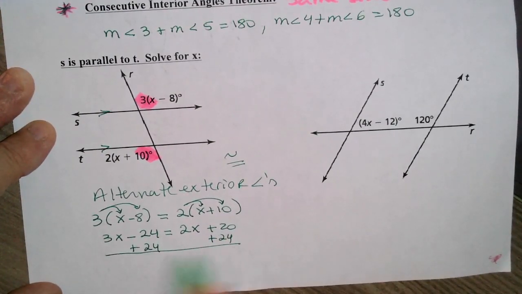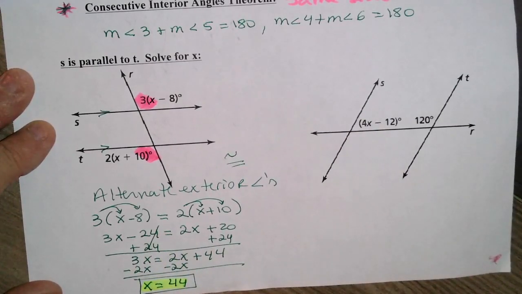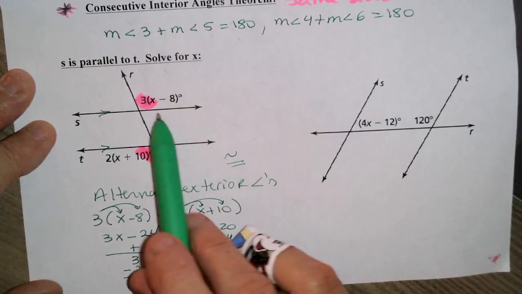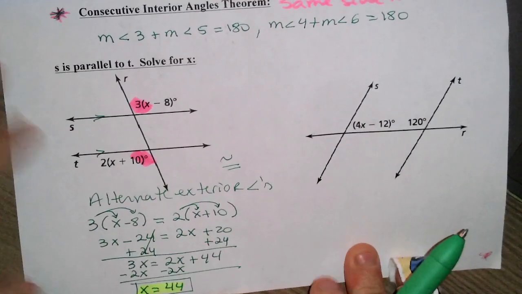Remember, there's different ways to approach it. 3x equals 2x plus 18. Now I subtract 2x from both sides, and I get x equals 18. Notice that the question is only asking for x, so I don't have to plug it in to find the angle. But if I were trying to find the angle, I would just plug in the value for x and then solve.